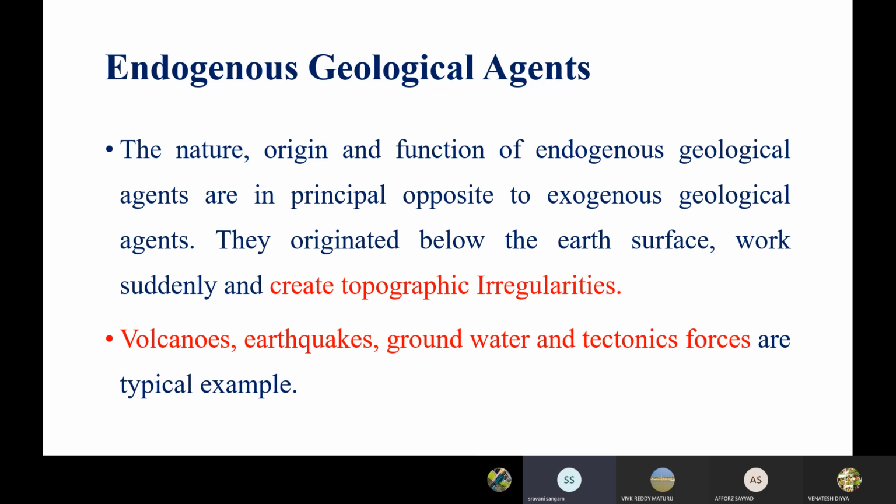Examples of endogenous geological agents are volcanoes, earthquakes, groundwater, and tectonic forces.